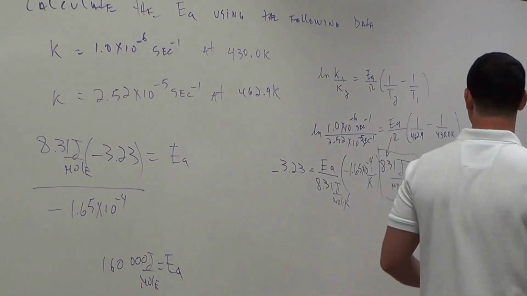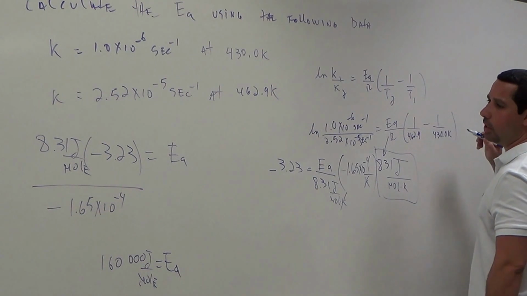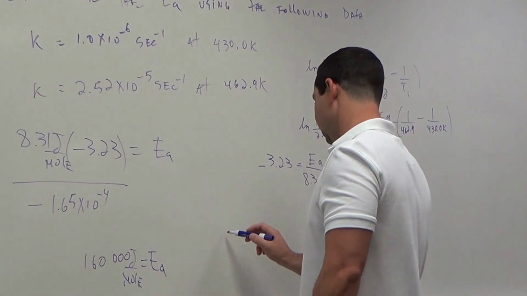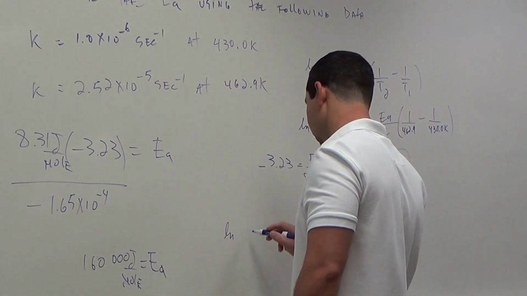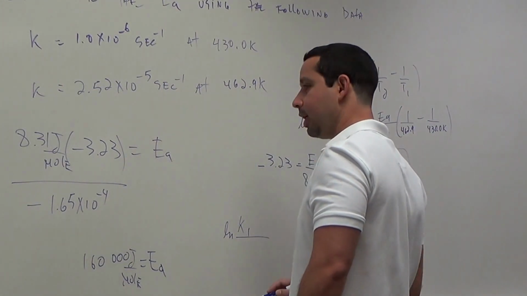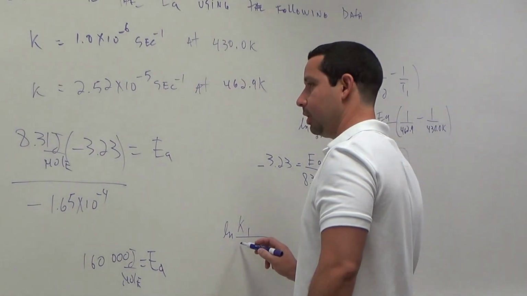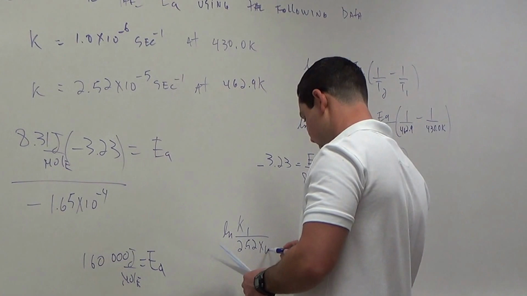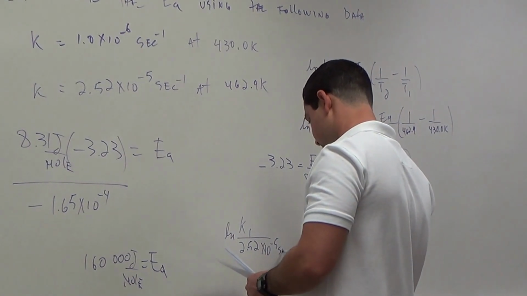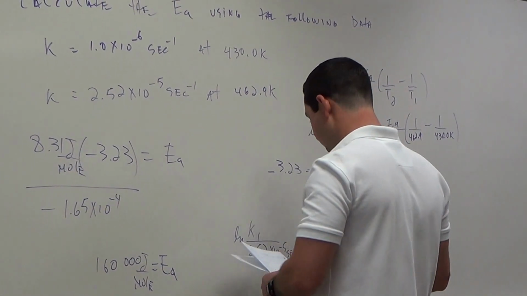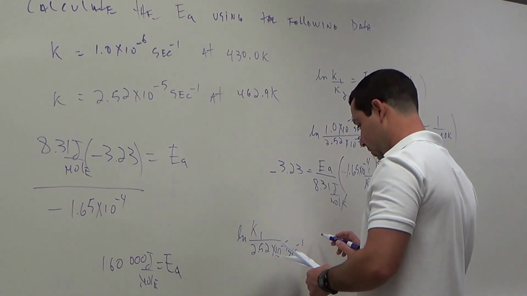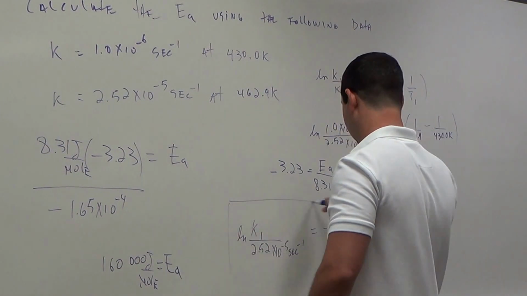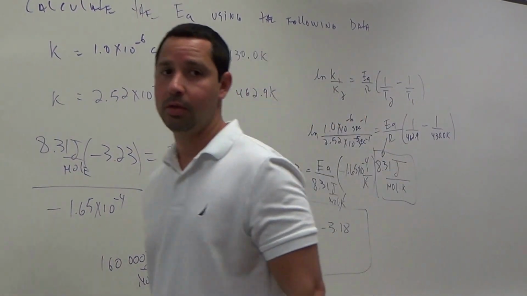So let's say you had such a thing here. And I'm explaining this not because I feel like it, but because if I give it to you on the test, I don't want you to get this wrong. Let's say you have that.